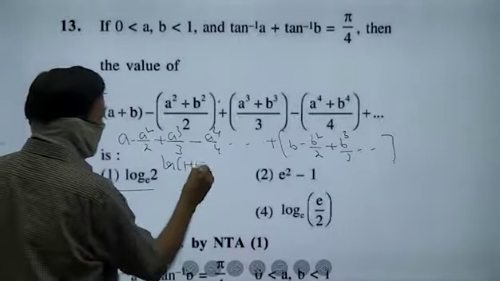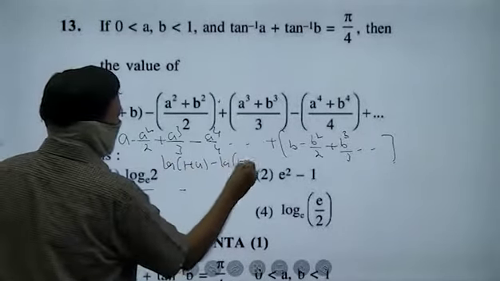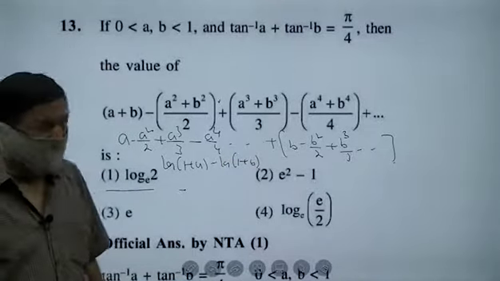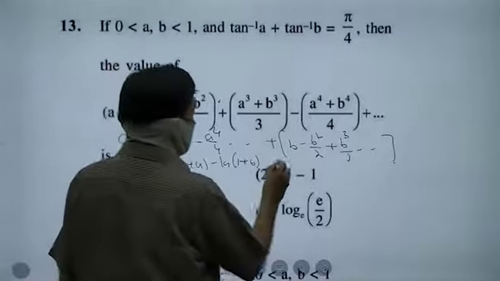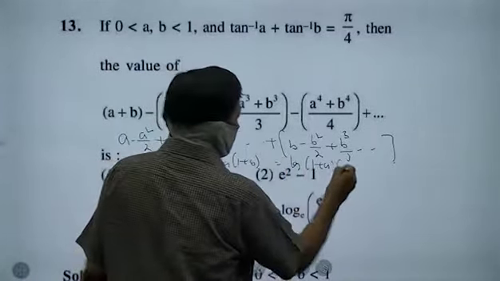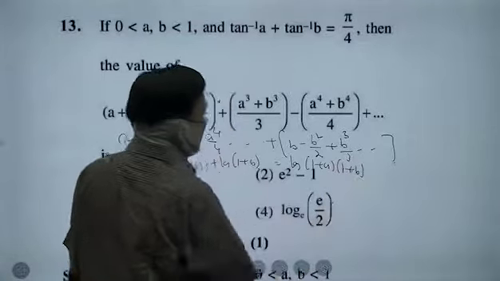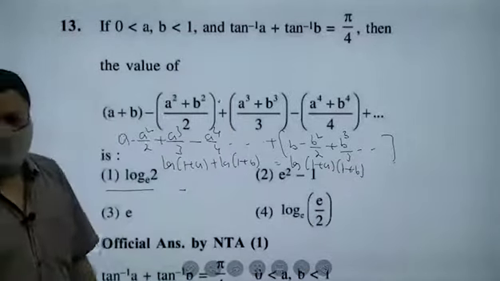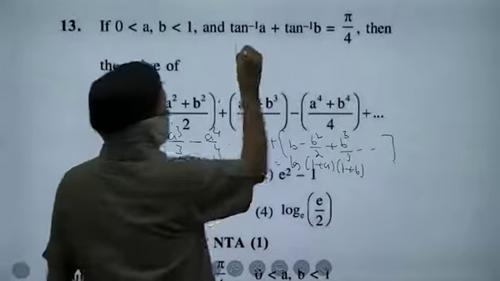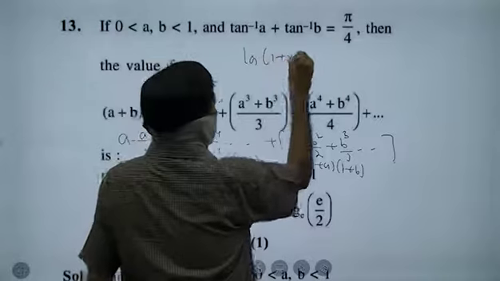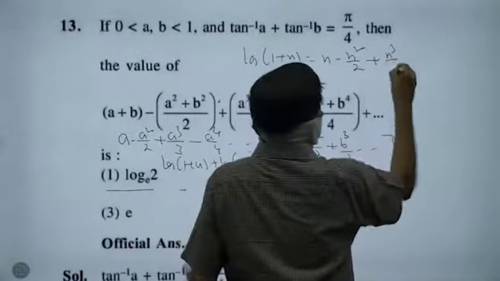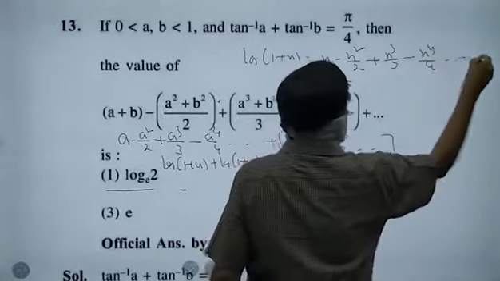Log of 1 plus a. Log 1 plus x expansion, all of you know. So this is plus the log of 1 plus b. Correct? Log of 1 plus x is x minus x square by 2, x cube by 3, up to infinity.